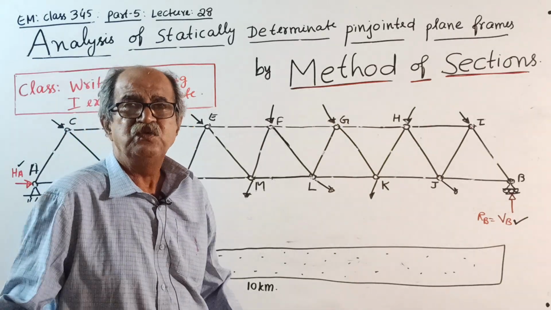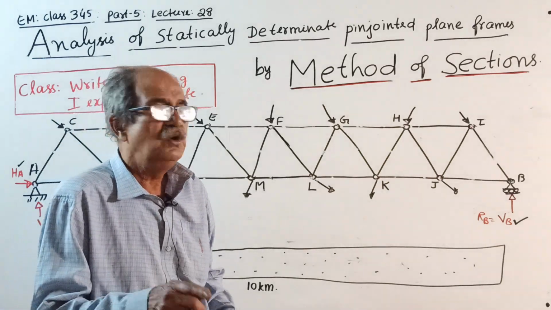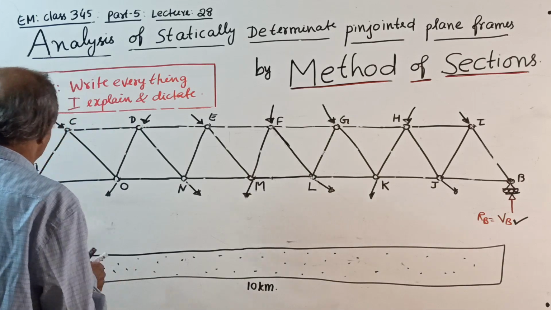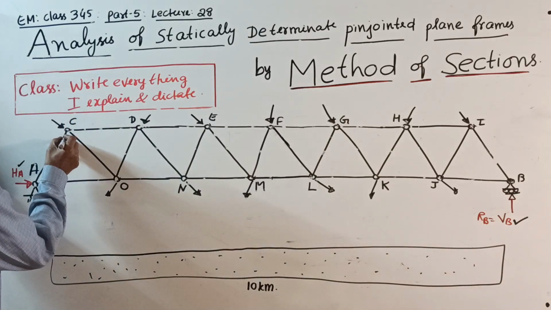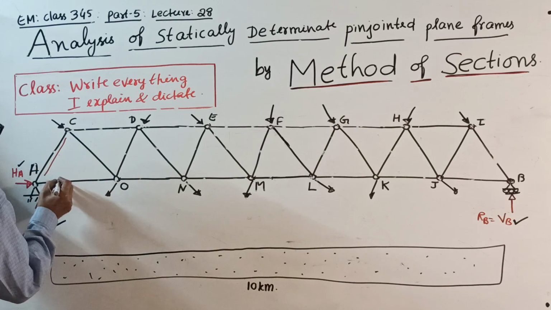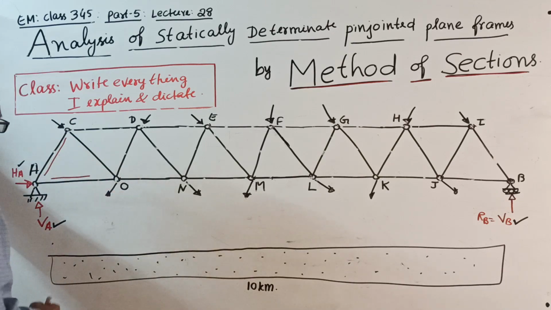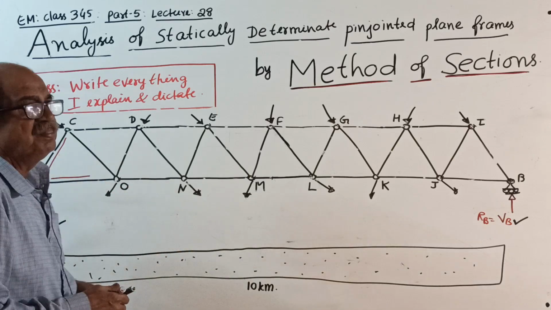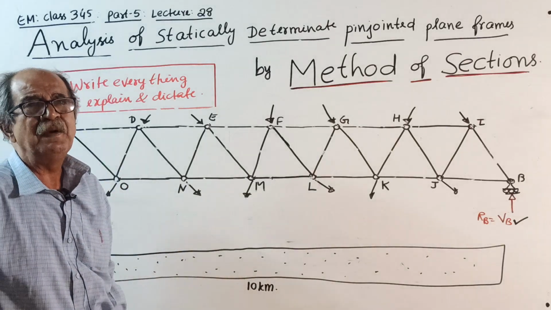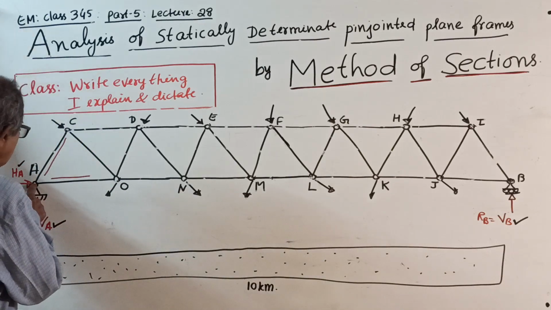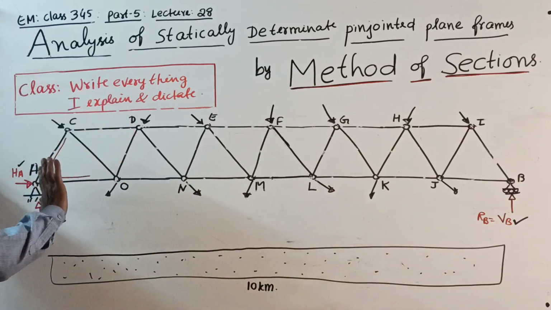Then, for example, I will tell you, suppose forces in, I will put red color here. This member required and this member required. AC and AO. You can directly go for method of joint. Why? Start here and get the answer. Over. Right. Then write.